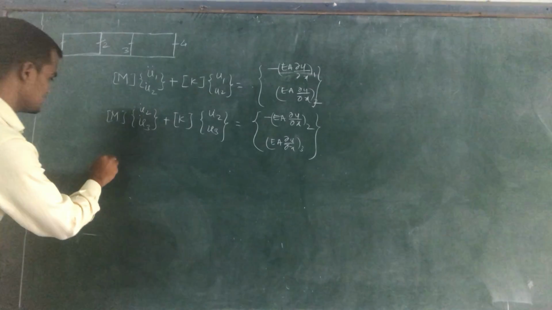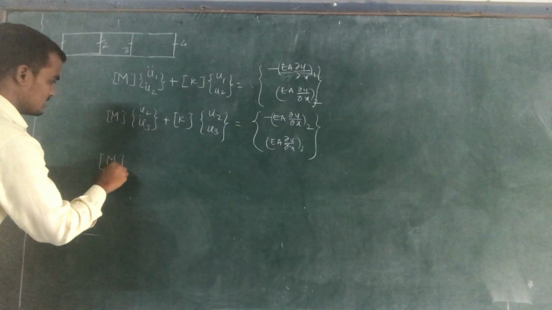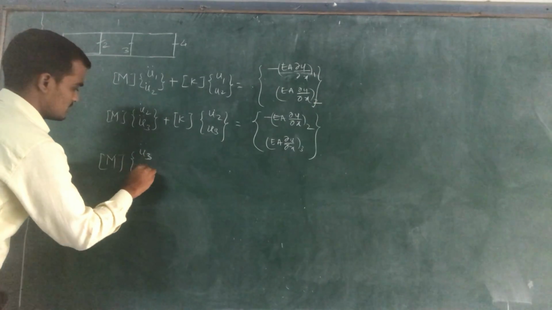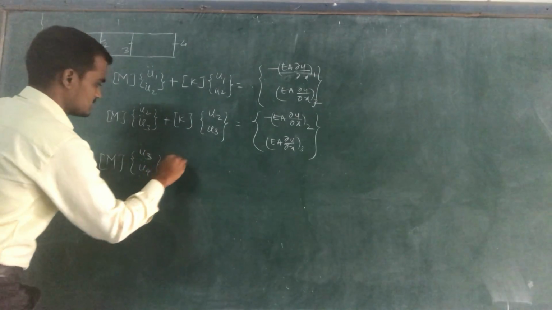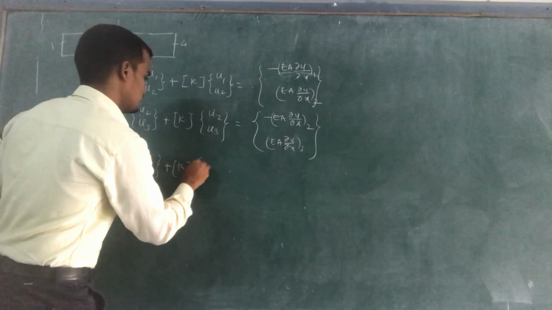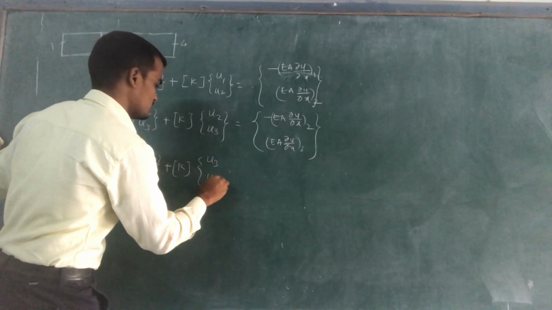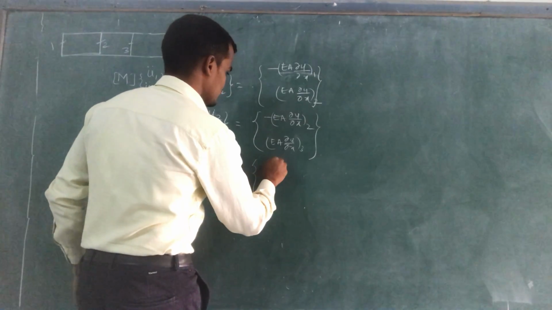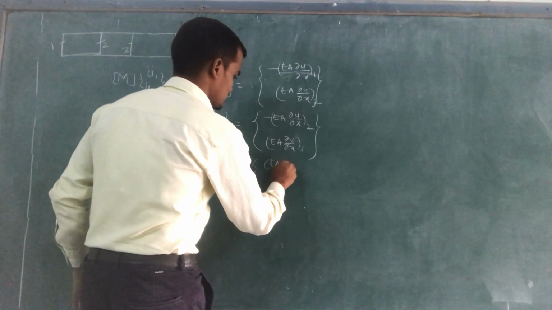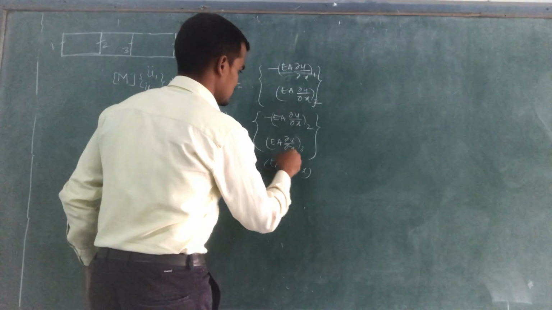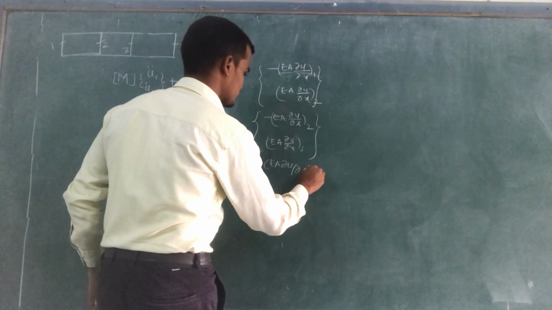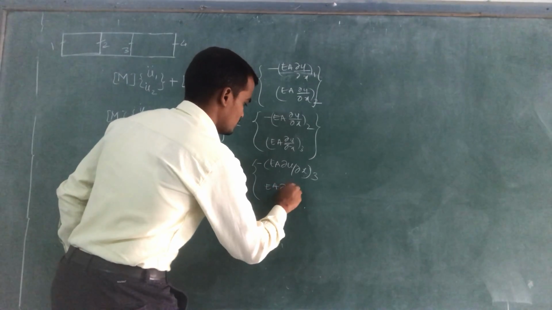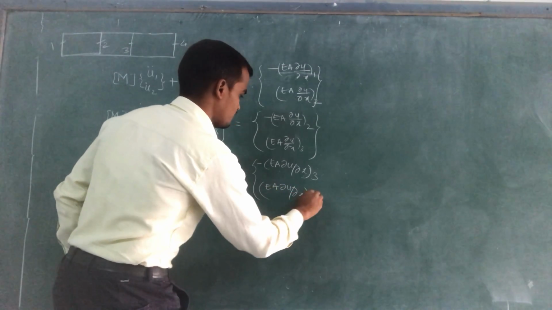Then again for the third element it can be written as the mass matrix into u3 double dot, u4 double dot, plus the K matrix into u3, u4, is equal to minus EA dou u by dou x for the third node and EA dou u by dou x for the fourth node.